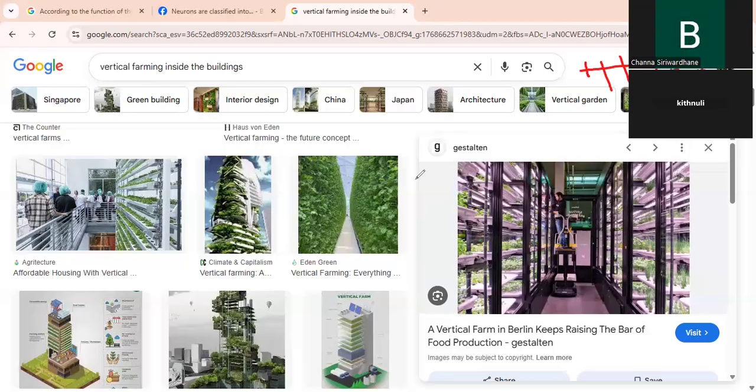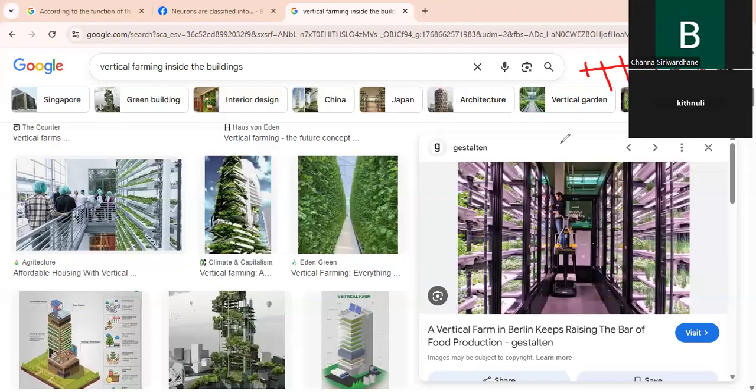Now from these 7 colors, the most effective colors for photosynthesis are selected.